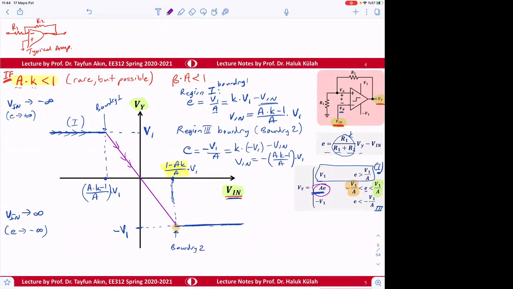In between, Vy is equal to A times E, and then E is equal to Vy divided by A. Therefore, you can say that Vy, if you do the math here, is going to be equal to just the slope minus A divided by 1 minus A times K times Vin. Okay, linear relation.